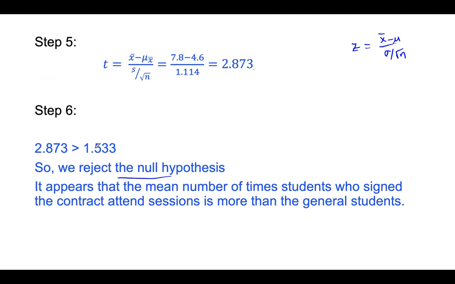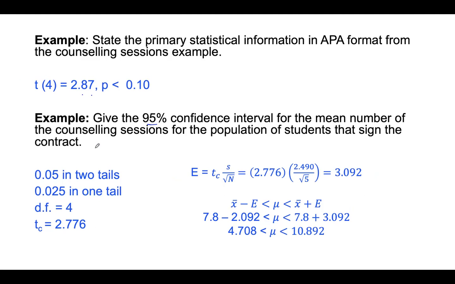So this was one tail. So if it were 2 tails, let's say it was 95% confidence, we want it in essentially 2 tails. So we are changing the question from 90% for 1 tail to 95% confidence interval for 2 tails.